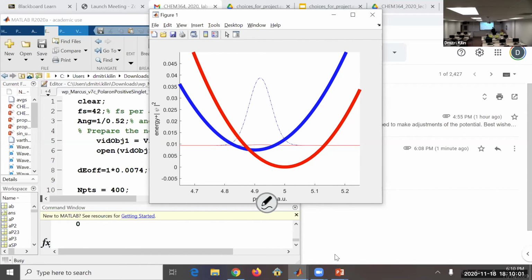And there is a wavepacket that moves in the blue potential, and then as it approaches closer to the edge, it shifts into the red one. So it is like two potentials and two wavefunctions, one belonging to the donor electronic state, another to the acceptor electronic state.